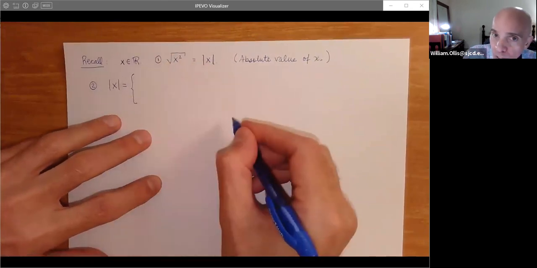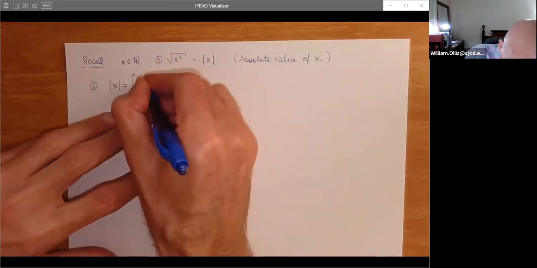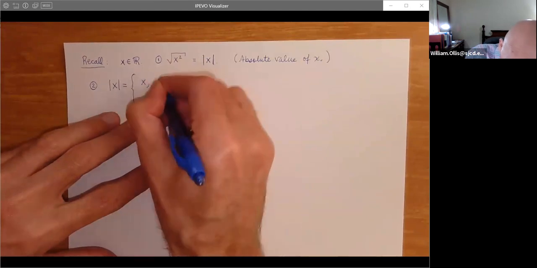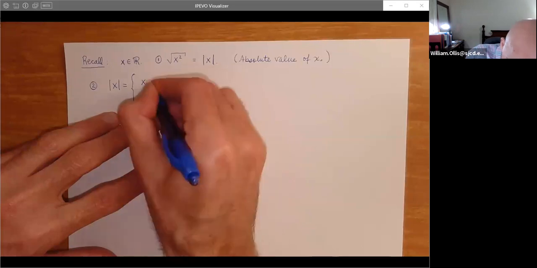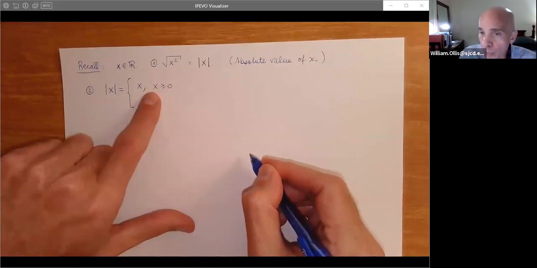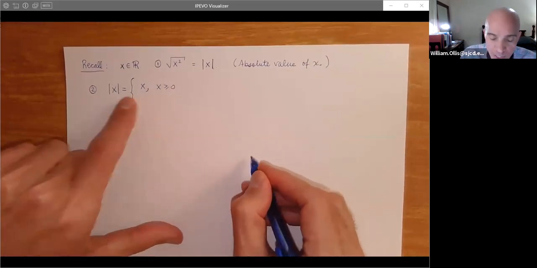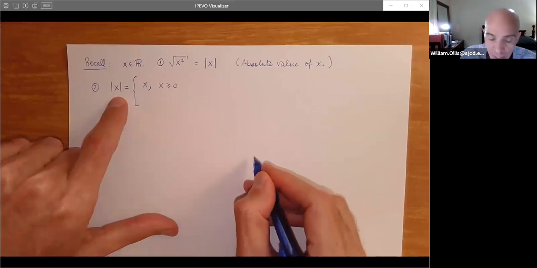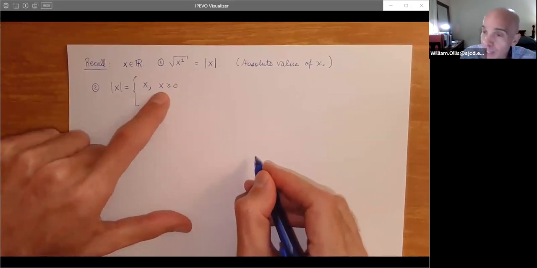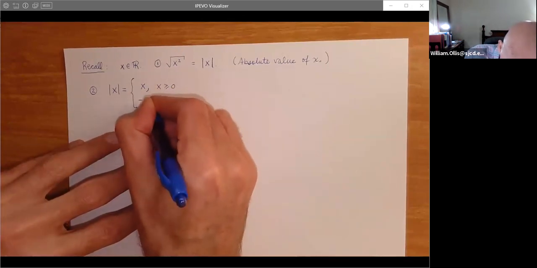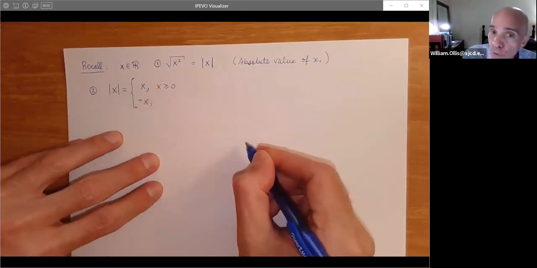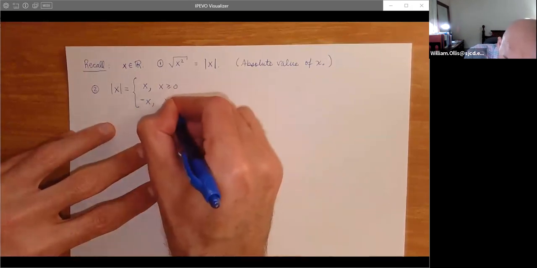And this is what we use a lot in calculus. We can say, well, this will be x when x is non-negative. So if we have a real number x, we say its absolute value is x when x is non-negative. And then we say its absolute value is the additive inverse of x when x is less than 0.